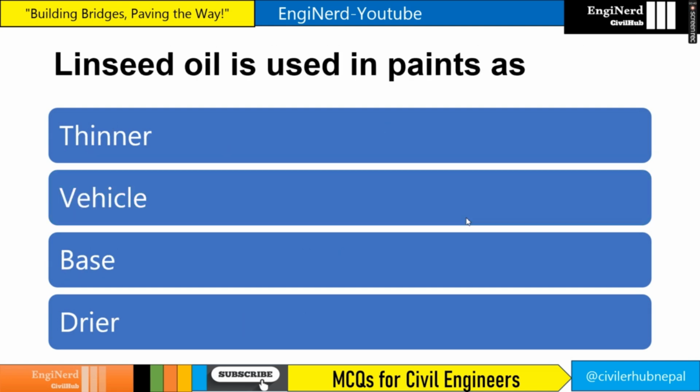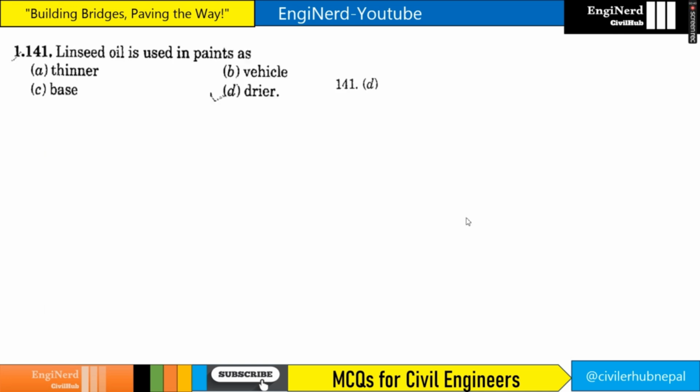Linseed oil is used in paints as vehicle, right? Linseed oil, knot oil, poppy oil, these are vehicles. If you see here, linseed oil is used in paints as, but the answer is given as D in Agor. But the correct answer is vehicle.